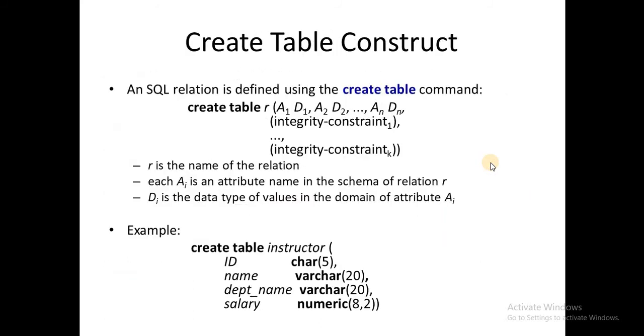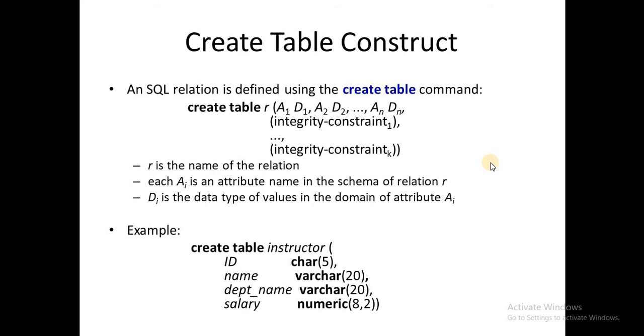Next, how to create a table in MySQL. Yes, there is a command, that is the create table command. The syntax is very simple. First we have to write the command name, that is create table, followed by the name of the table, and then an opening parenthesis, then the attribute name followed by data type.